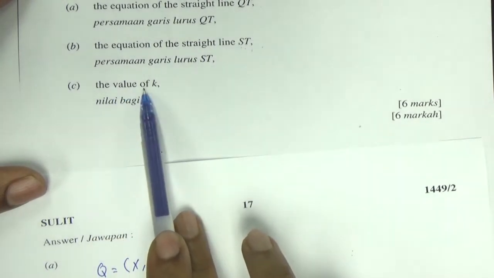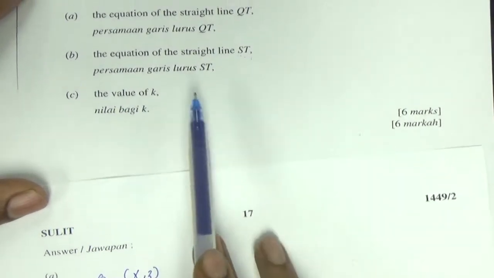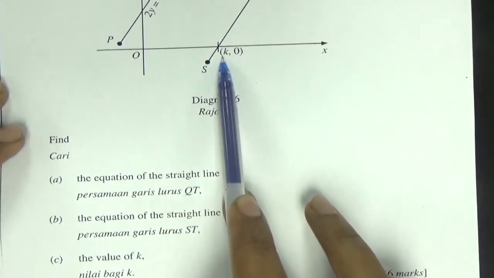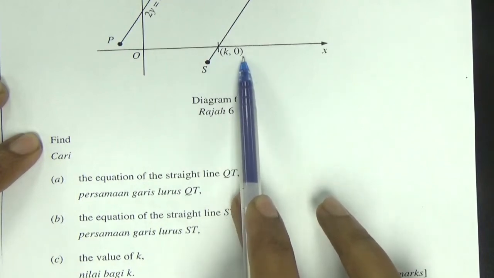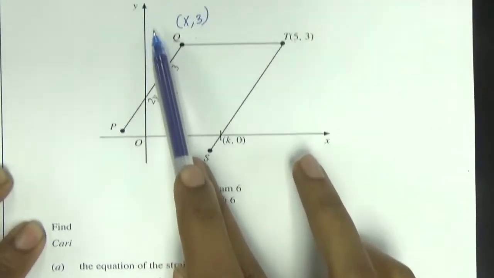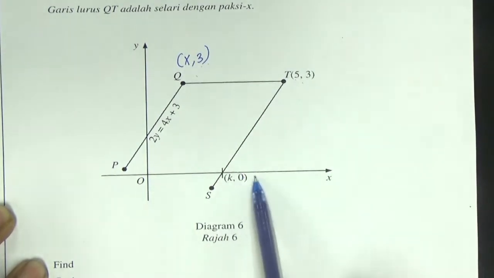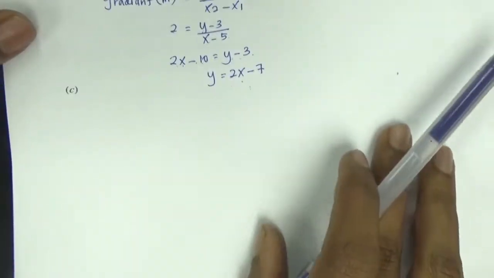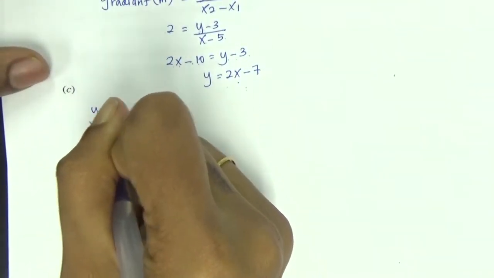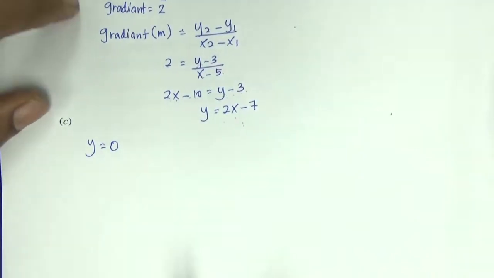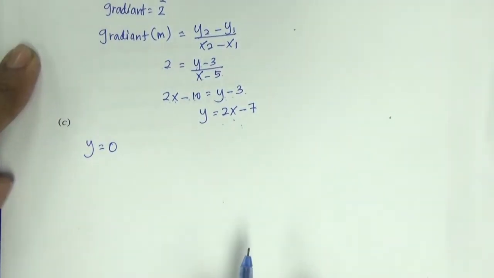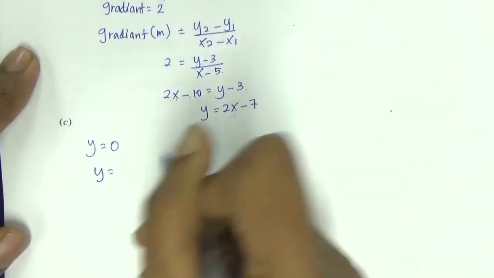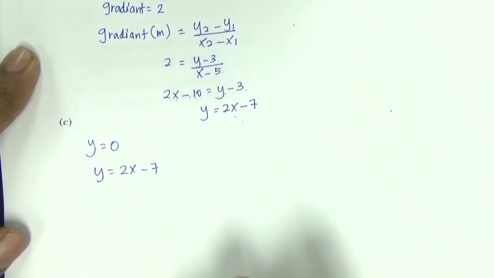7c, the value of k. The coordinate of S is k, 0. So y is 0, and we can substitute the value into the straight line equation of ST. So y equals 2x minus 7.